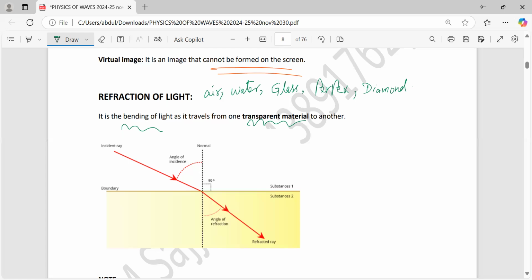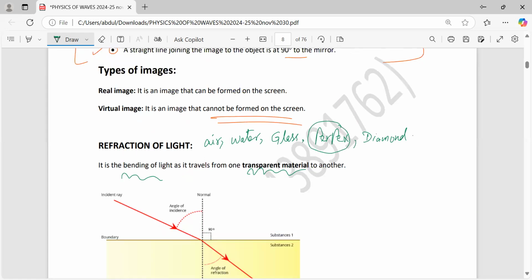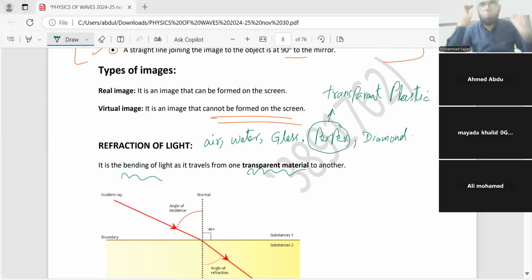What is perspex? Perspex is technically known as transparent plastic. Its example, don't worry, see here. Mostly nowadays we are wearing glasses made of perspex.